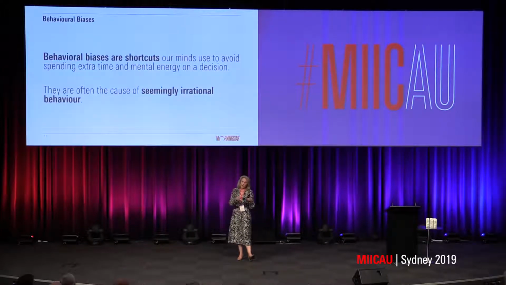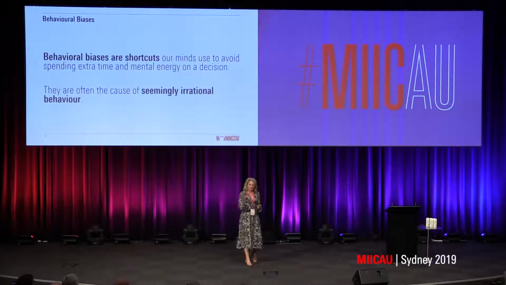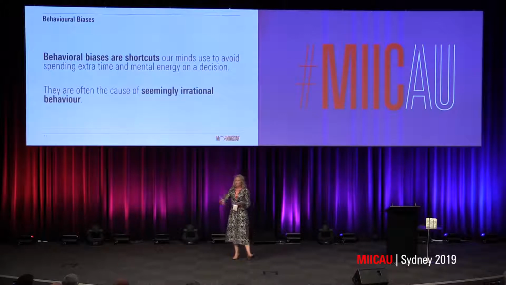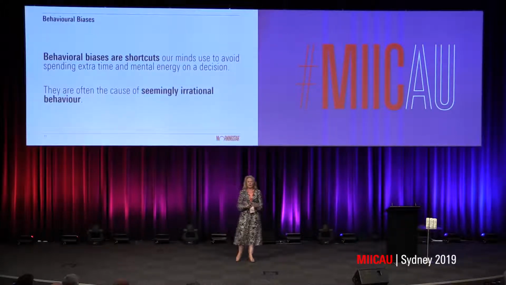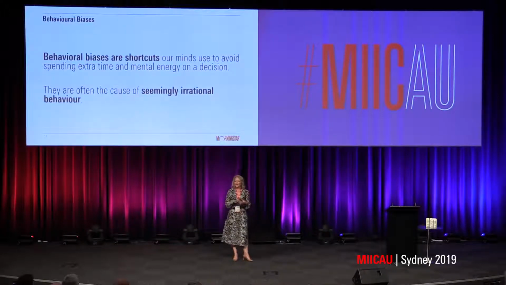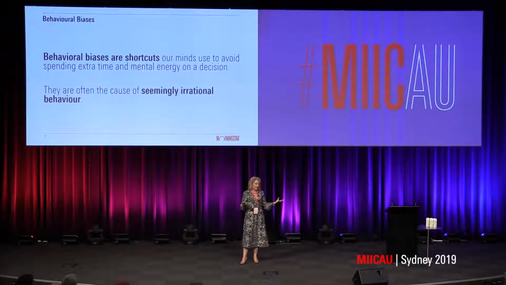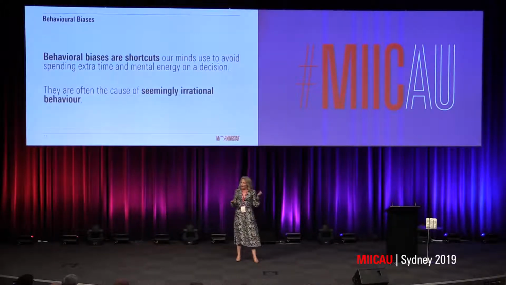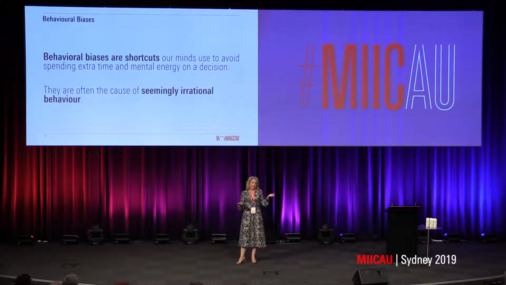You drive too close behind a car, you're at risk of running into the back of that car. If it's cold, please put your jumper on. I try and tell my 10-year-old that all the time, and she doesn't listen. But these are simple, everyday shortcuts that we know to undertake to make our lives easier. However, when we're investing, they can actually be to our detriment and can lead to what's called seemingly irrational behaviour.